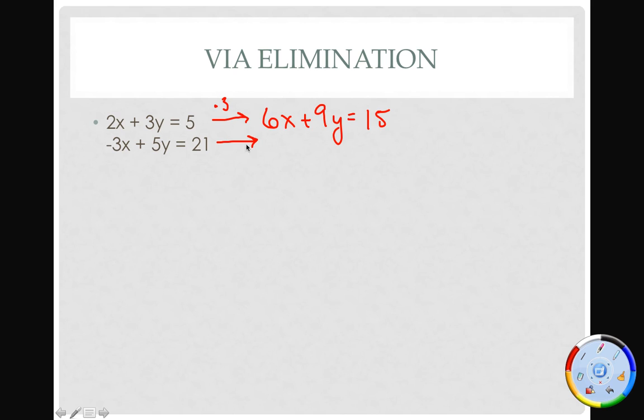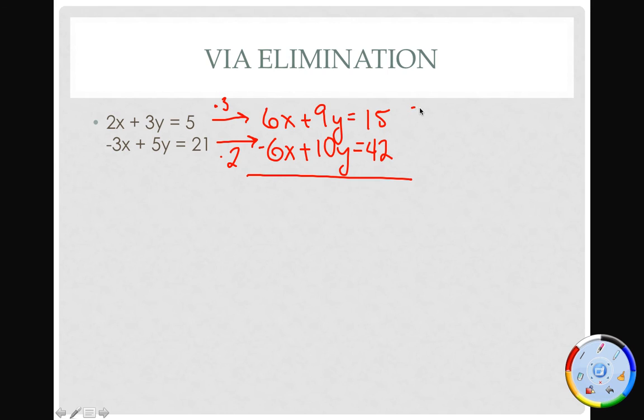Now, the reason I did that is because I'm simply trying to get rid of the x values. You could have gotten rid of the y's by multiplying by other numbers. But with the x's, I can multiply this by a 2, and I get -6x plus 10y is equal to 42. And then I look at this and I go, hey, I have a positive 6x and a negative 6x.